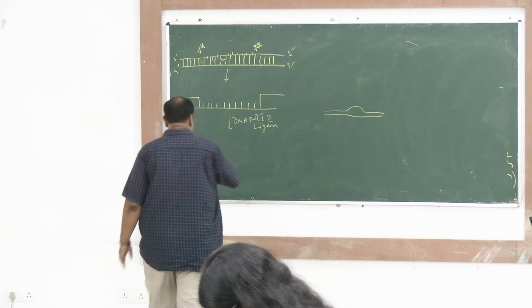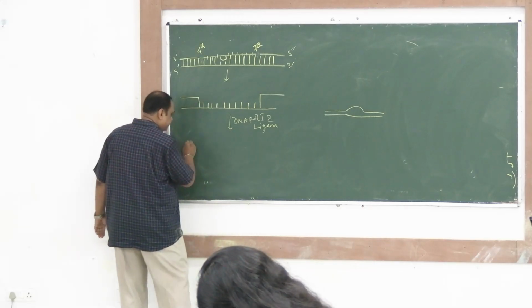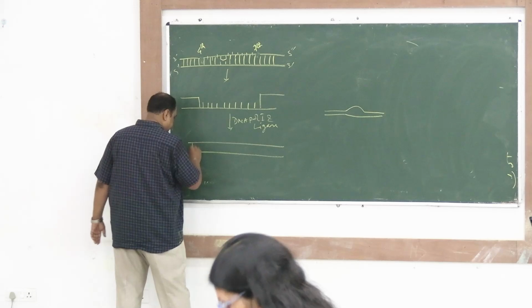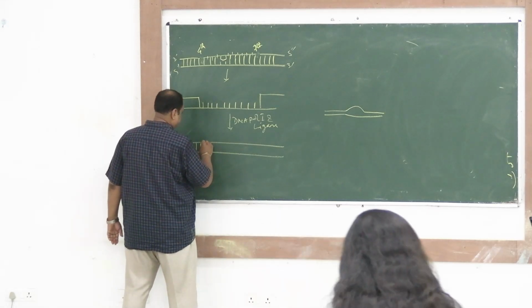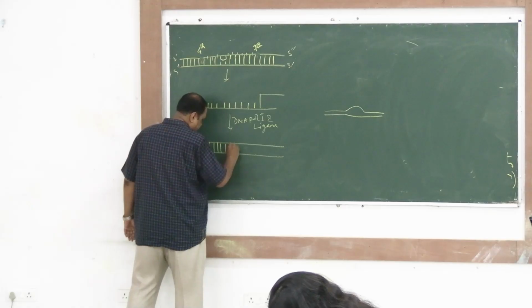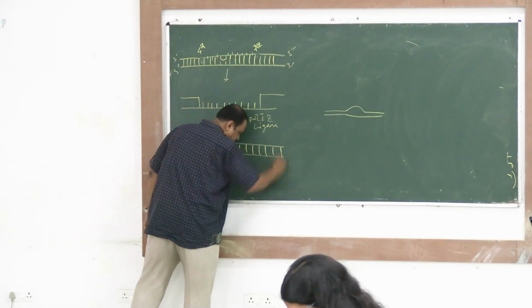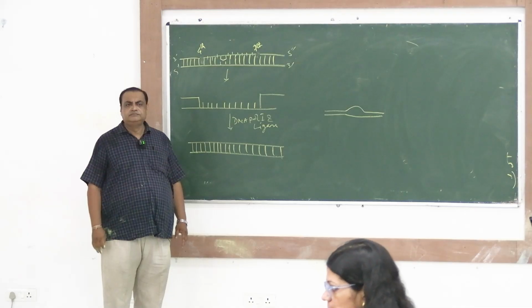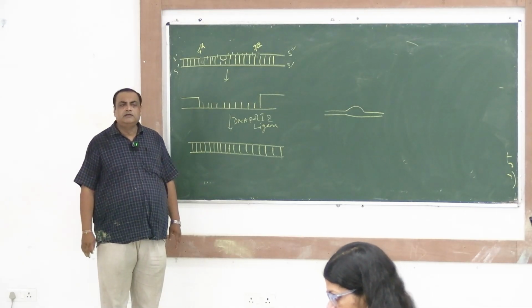So, after DNA polymerase 1 and ligase are employed, it forms this. Fine. DNA is back to normal.